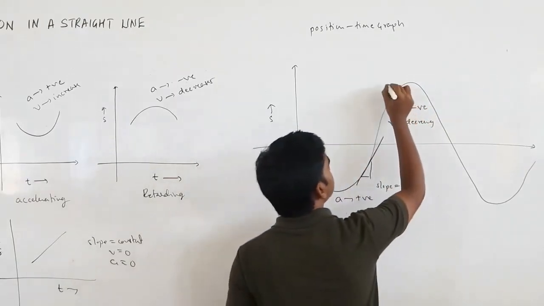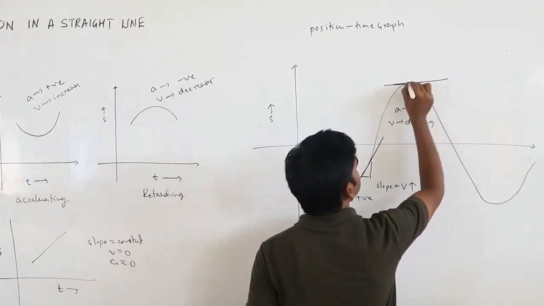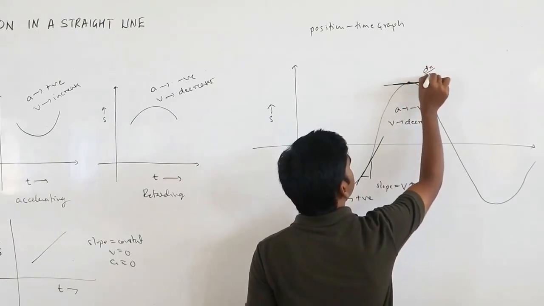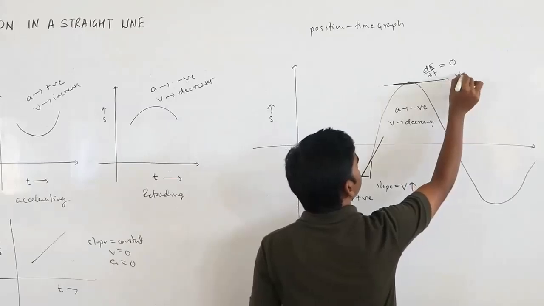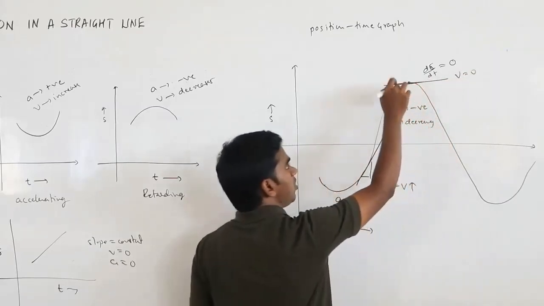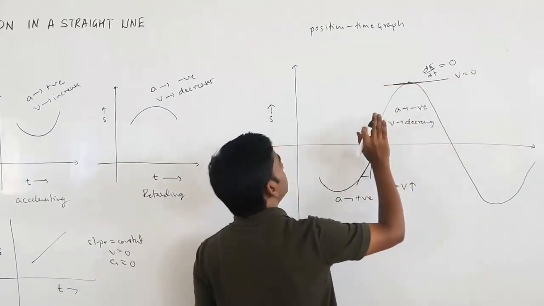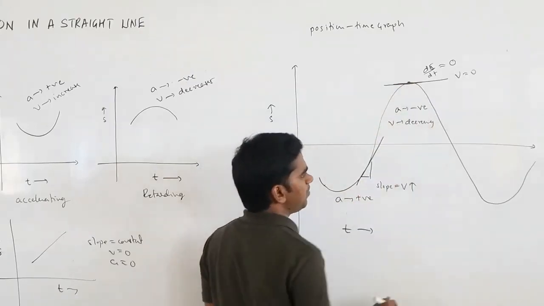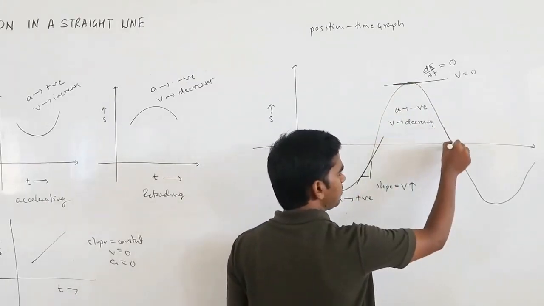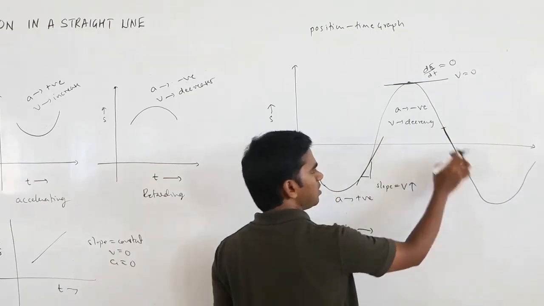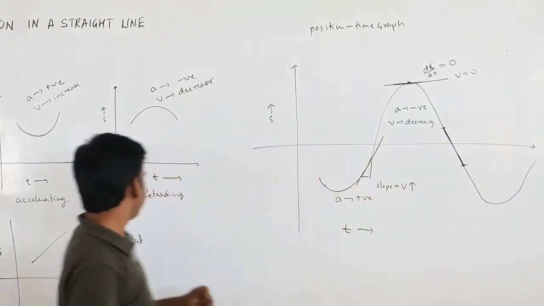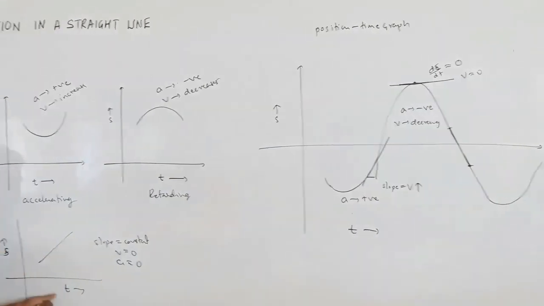If I take the slope at this point, dx by dt or ds by dt is going to be 0 here. That means velocity is going to be 0 at this point, but again it is changing. Now if I take over here, it is a straight line, not a curve. In the position time graph, it is a straight line.